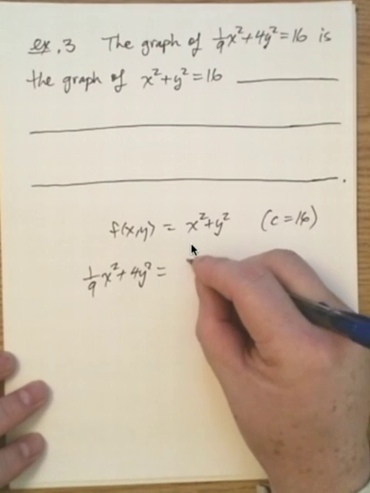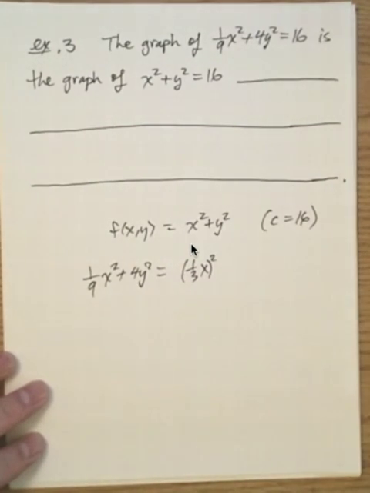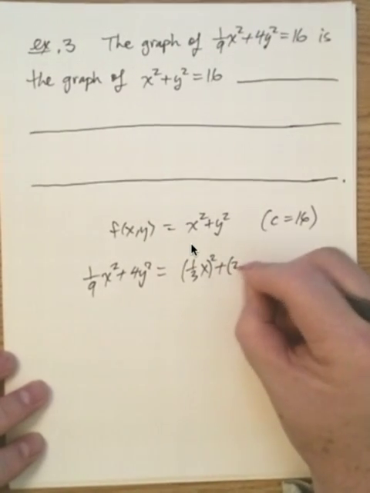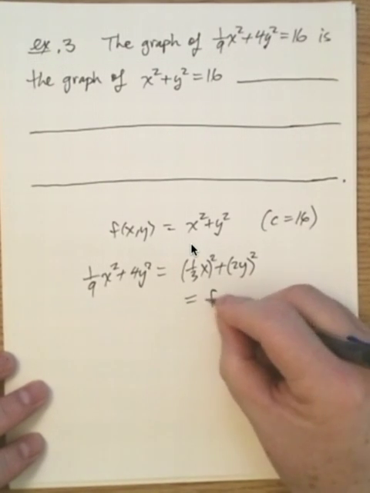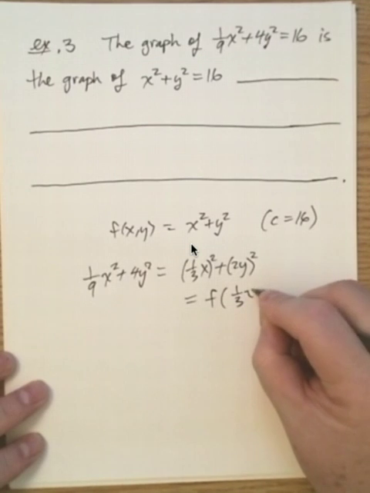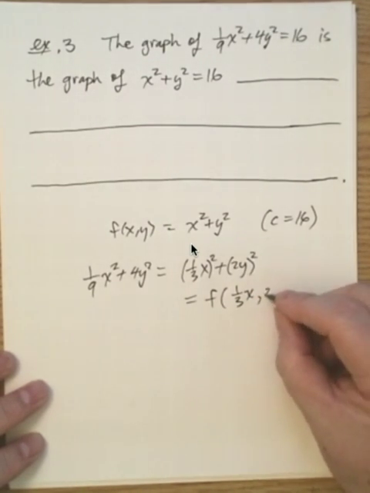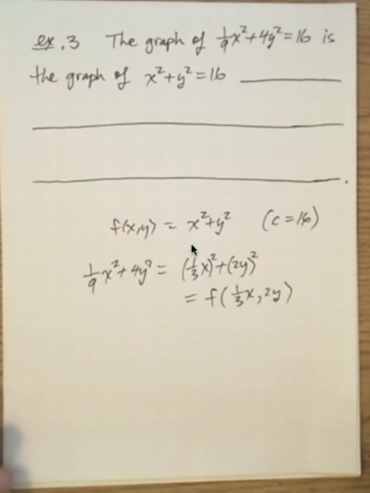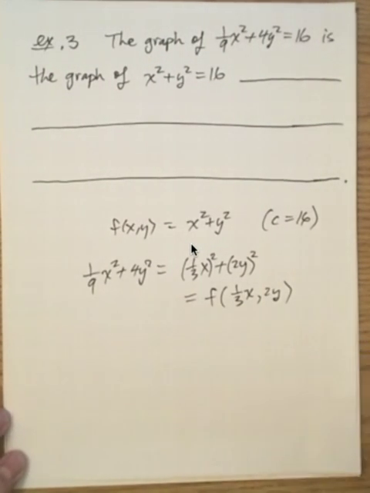I want to see this as a sum of squares. That's going to be 1/3 x squared plus the quantity 2y squared. X has been replaced by 1/3 x, so this is really f evaluated at 1/3 of x. Y has been replaced by 2y. So we're looking at f of 1/3 x comma 2y.